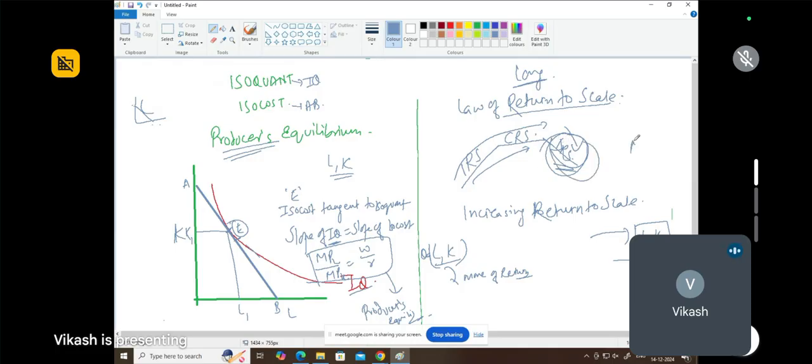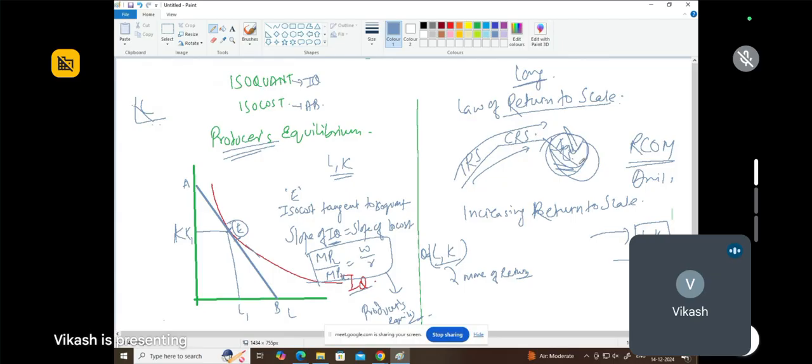RCOM, the company belonging to Anil Ambani, started to experience DRS: mismanagement, not having proper control over the services, over the operations, over the distribution. Because of not having that proper control, the company entered into DRS.